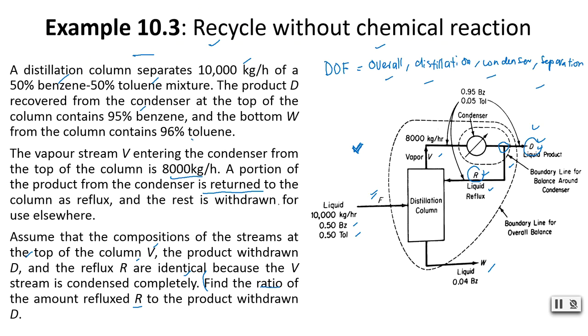Overall process. For the overall process, the total balance is F equals D plus W. Again, F equals D plus W. This is for the overall process because we don't consider what is inside the boundary here.